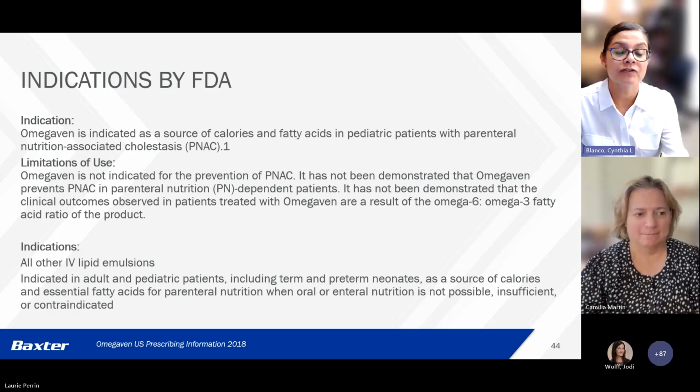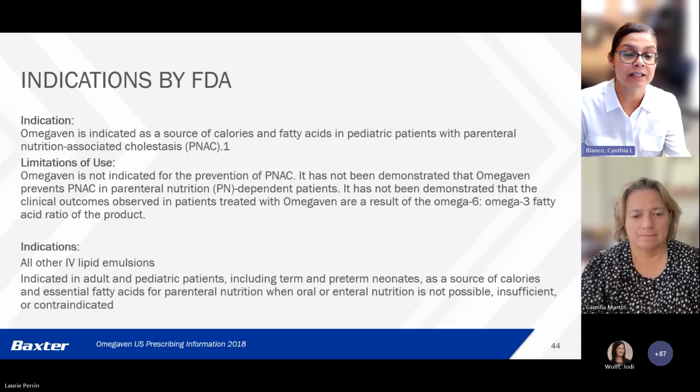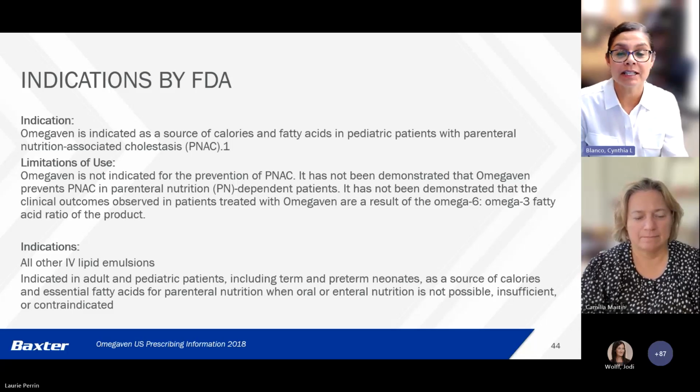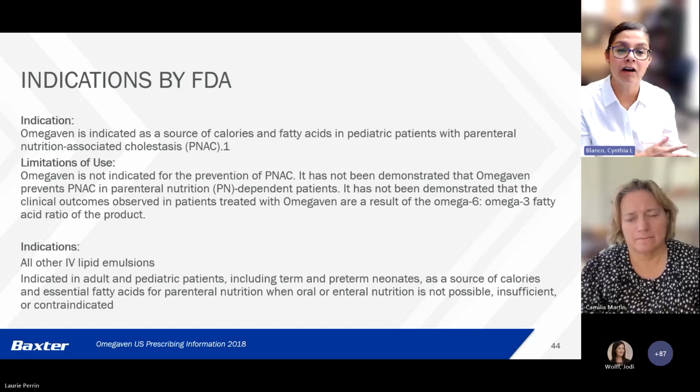And also the indications for all other IV lipid emulsions as a source of calorie. So omega-3 is the only one that is specifically indicated as the source of calorie if you have cholestasis. Again, but not as a prevention therapy early on.